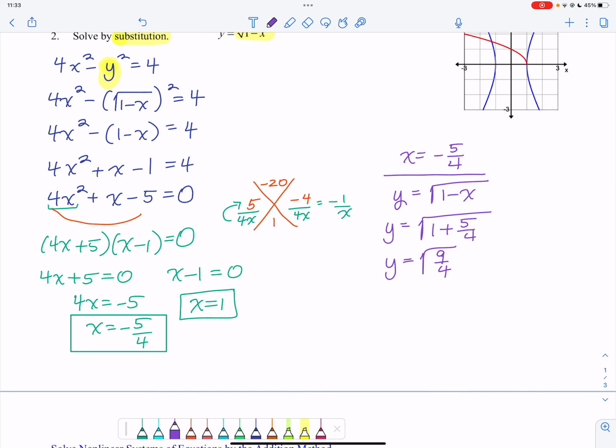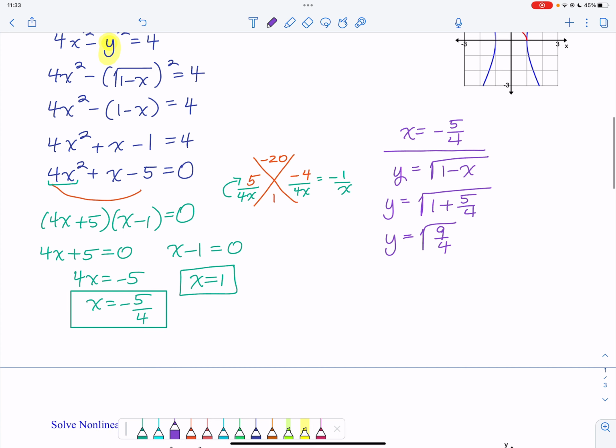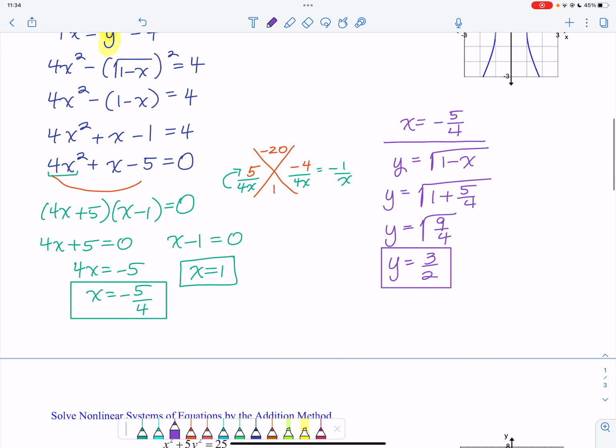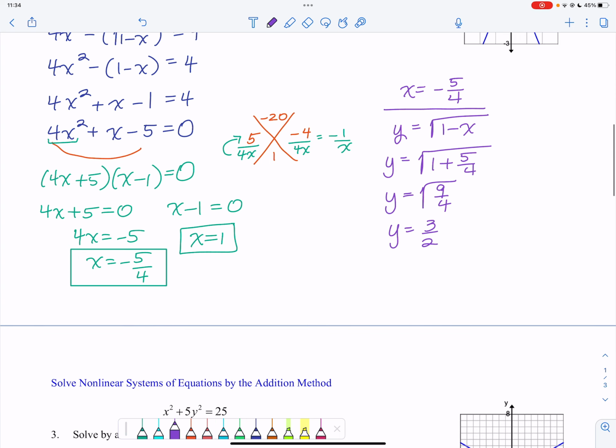So the square root of 9/4, and we'll have y equal to 3/2. Now we have one of our solutions, and that solution is negative 5/4, 3/2.